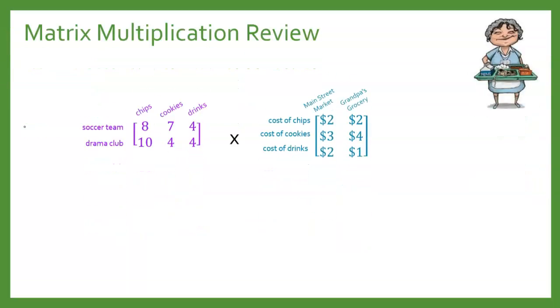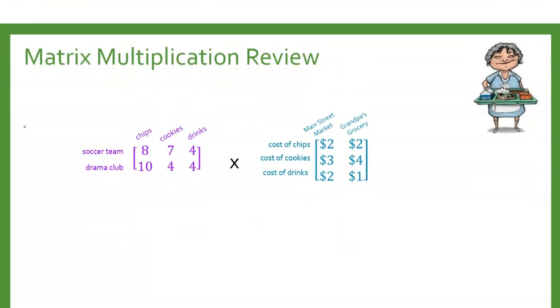So very first, let's take a quick review of what matrix multiplication was. We haven't looked at this in quite a while. And we had this old story of Elvira, and Elvira's trying to supply the soccer team and the drama club with food and catering for their parties.